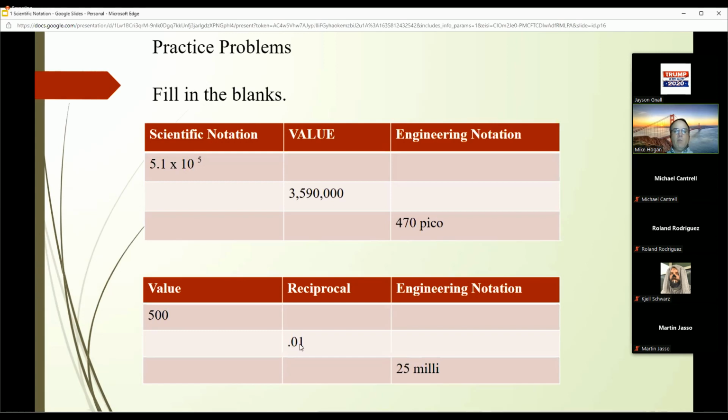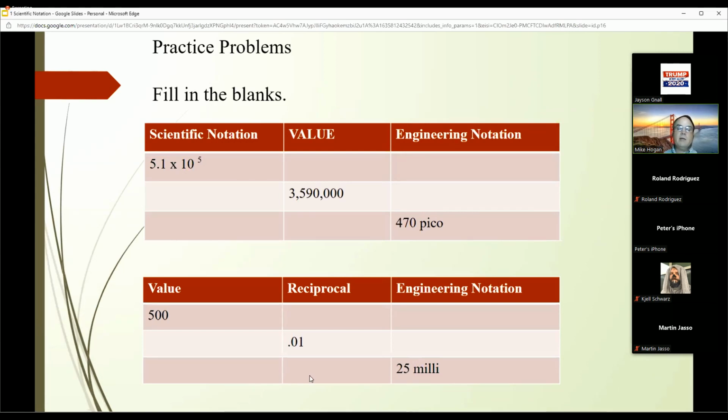I move it 1, 2, and 2 is not what I want for engineering notation, so I move it one more space. That gives me 10 times 10 to the negative third, which is 10 milli. 10 milli, exactly.